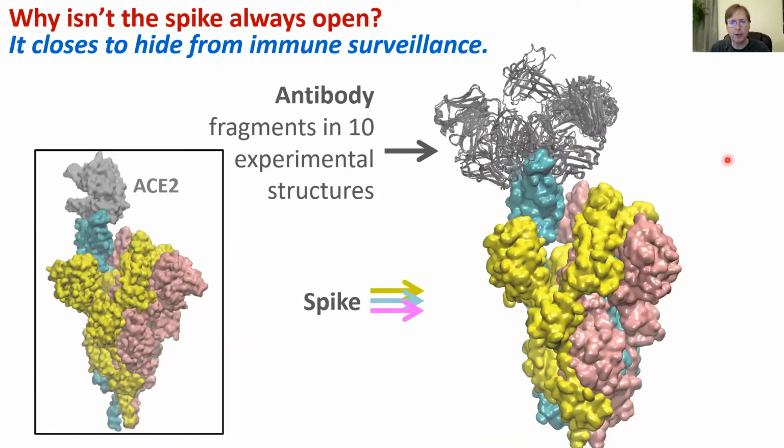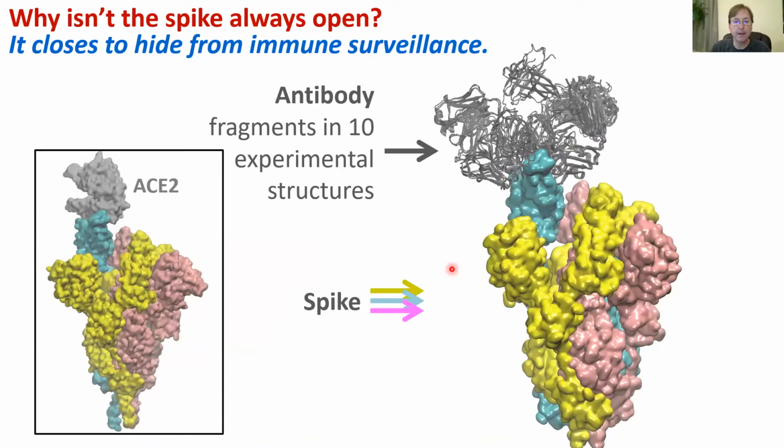And so in this structure of the spike here, I'm showing an open form in 10 different experimental structures where antibodies, shown as gray ribbons, are seen to bind to the same receptor binding domain that interacts with ACE2, as you see over here. So when these antibodies bind tightly to the spike, it can no longer bind to ACE2, and it's neutralized in its infectious ability.